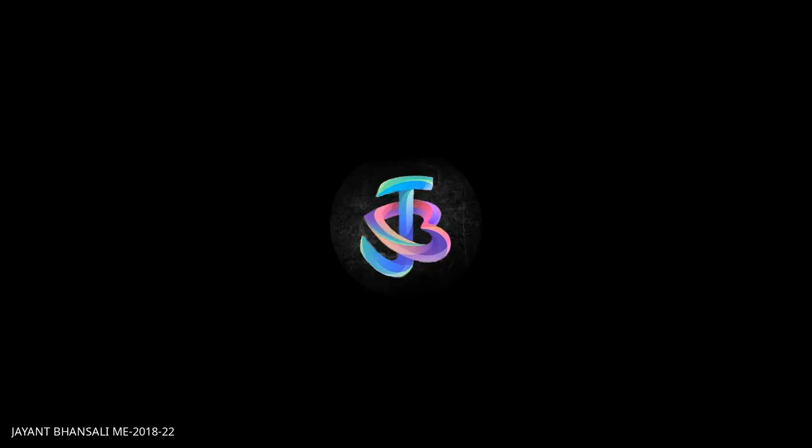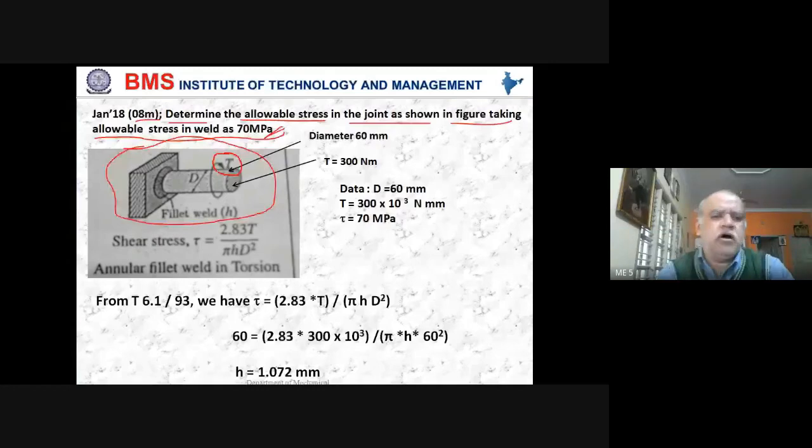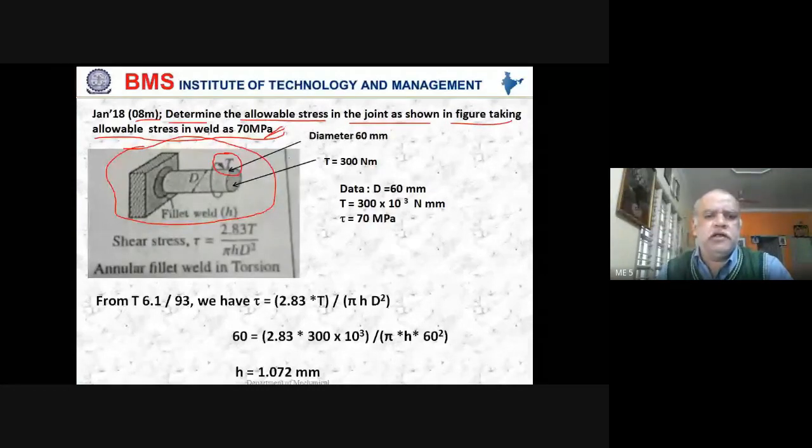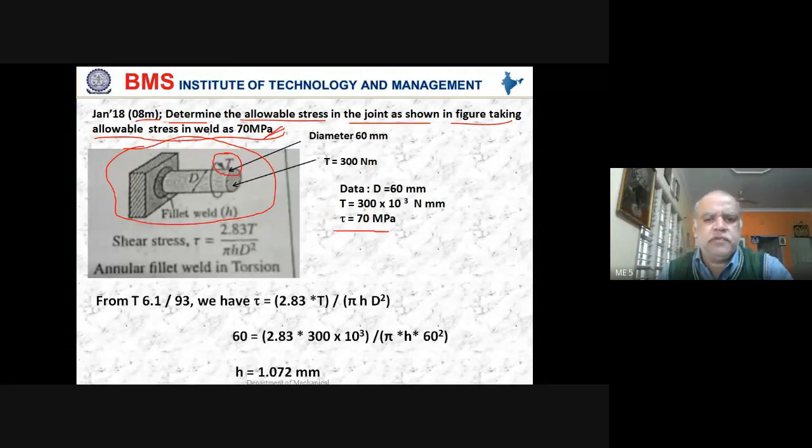What is it subjected to now? Torsion. Yeah, it is subjected to torsion. So the stress value that he has given you here, 70 megapascal, is the shear stress. You should not get confused, because moment and torsion look similar, so you should be in a position to identify whether it's torsion or moment.